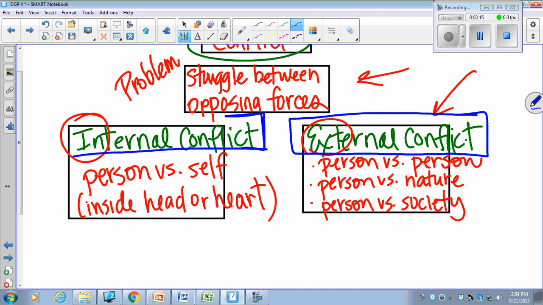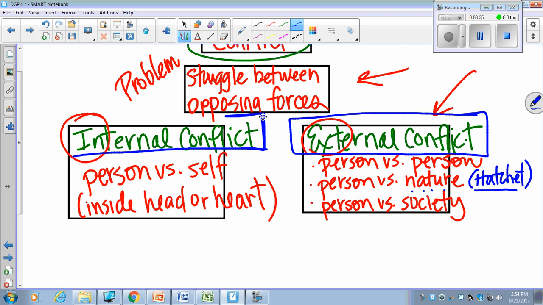For example, when we're talking about person versus nature, I like to use the book Hatchet. If you enjoyed Hatchet, this is person versus nature, where the main character, the protagonist, is really struggling in a natural situation.